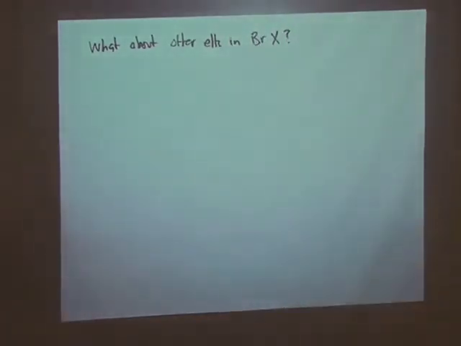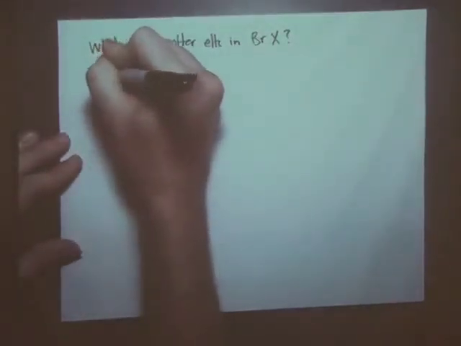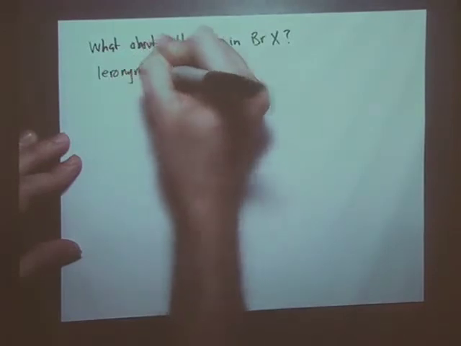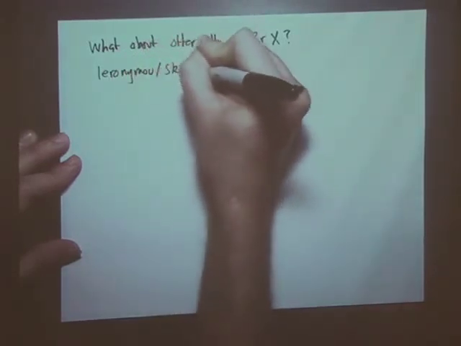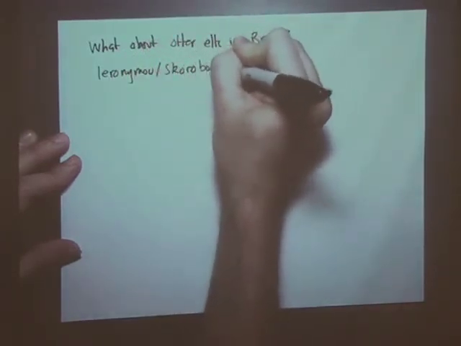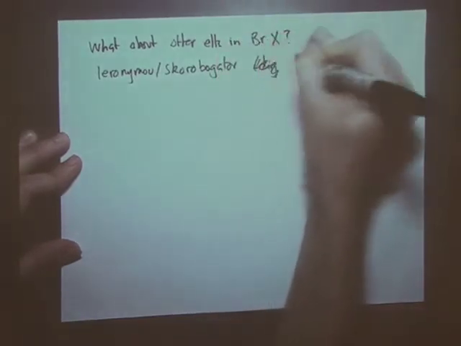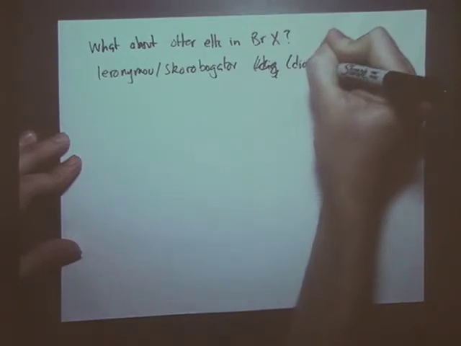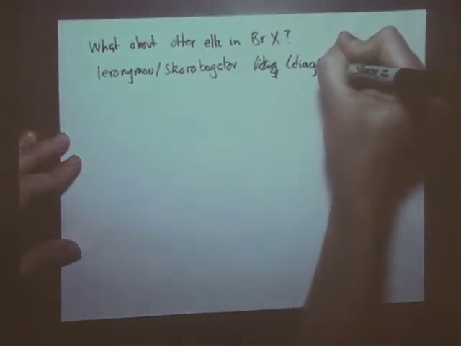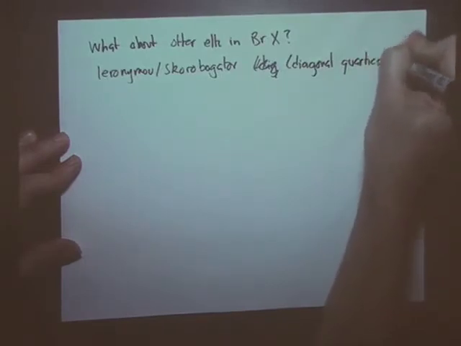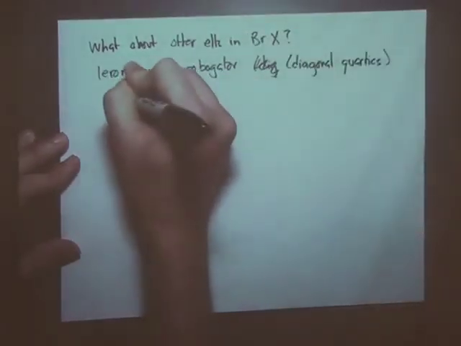I should say, time is a little short, so Ieronymou and Skorobogatov have figured out what, for example, the odd part of the Brauer group of diagonal quartics can look like. I should also put Zarhin here.